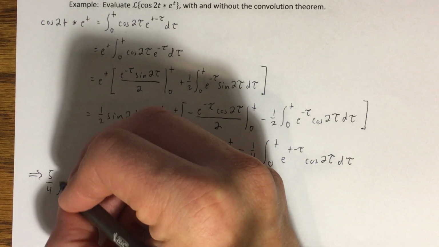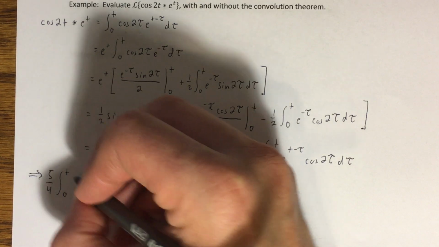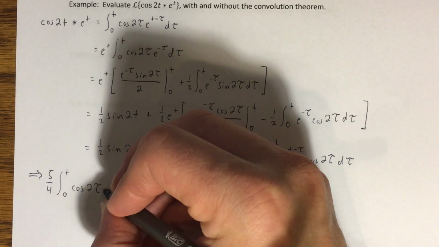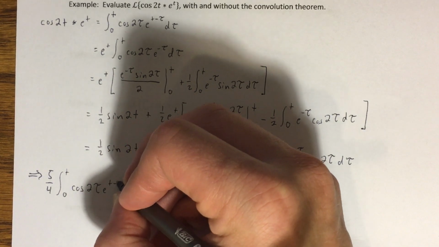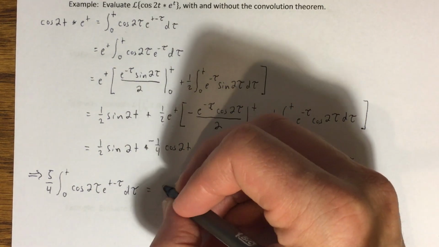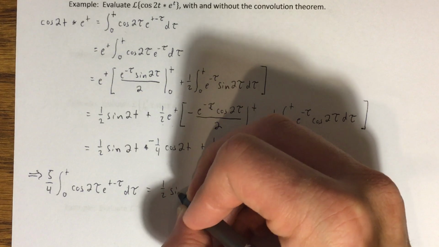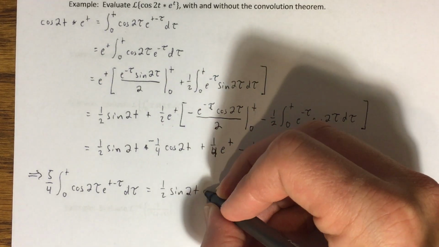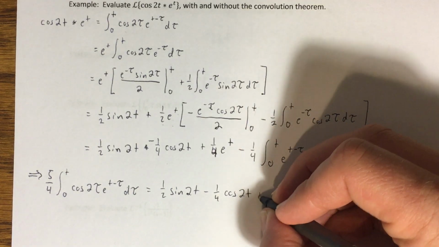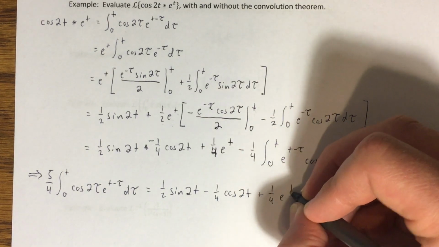This would be 5/4 times the integral 0 to t of cosine of 2 tau e to the t minus tau d tau equals 1/2 sine of 2t minus 1/4 cosine of 2t plus 1/4 e to the t.